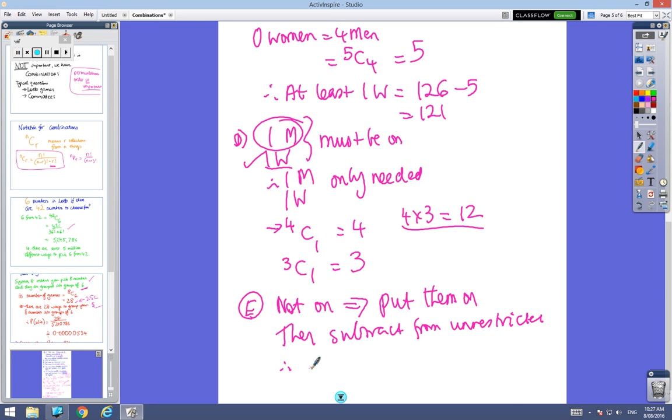So them not being on together equals 126 minus 12, which equals 114. So there's 114 ways for that 1 man and 1 woman not to be on together. And I think that's it.